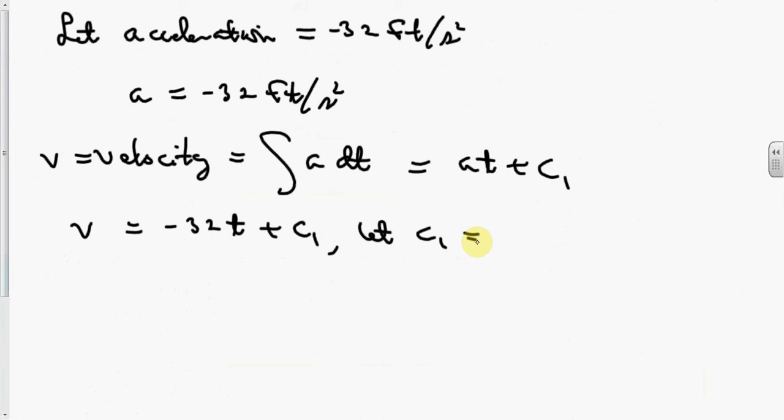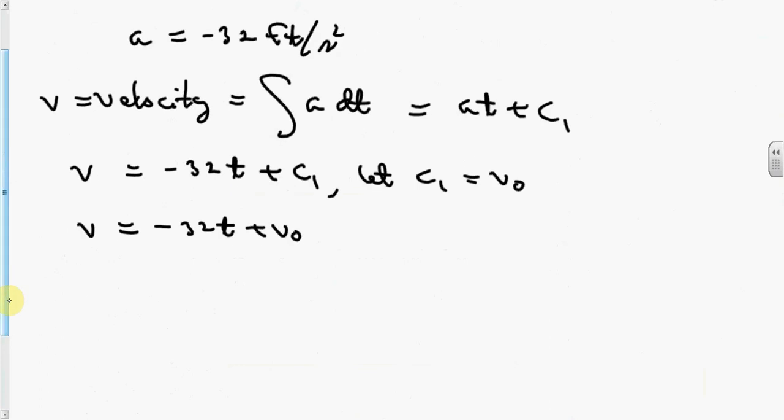Let C sub 1 be a velocity. Do you agree with me? Because it says the velocity is equal to velocity, right? So C sub 1 is a velocity. It becomes the initial velocity. So here we have V is equal to negative 32t plus the initial velocity.